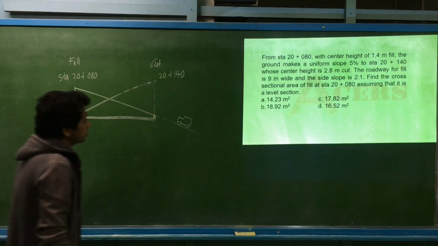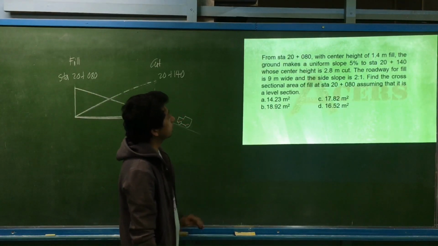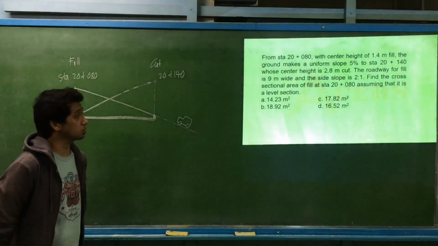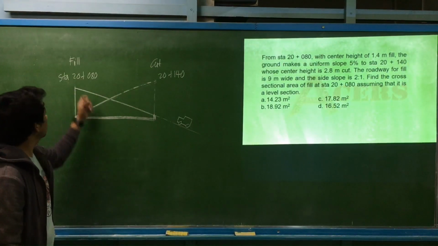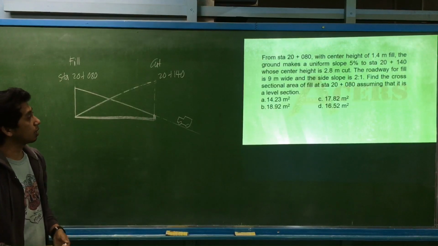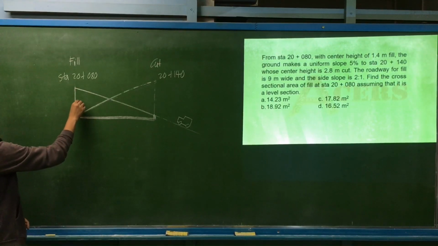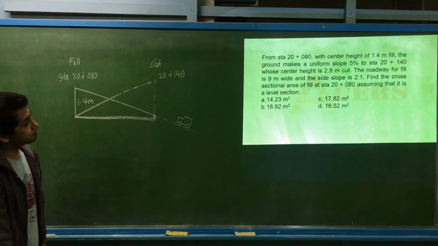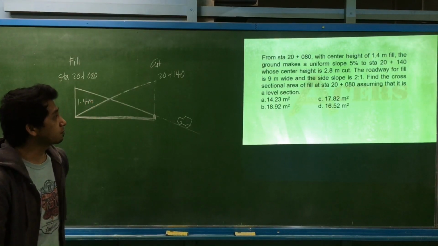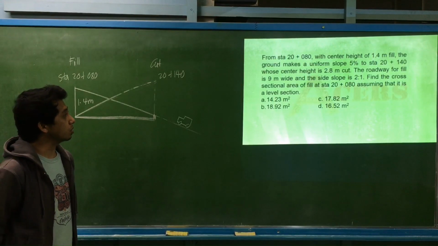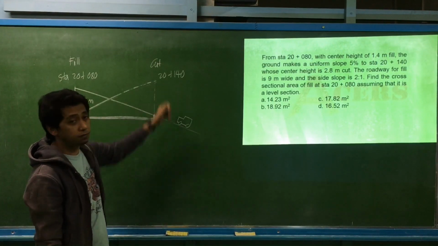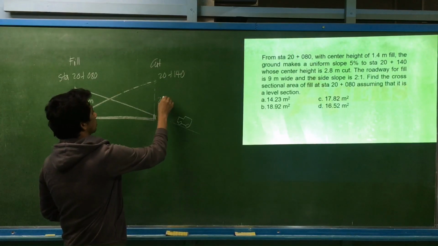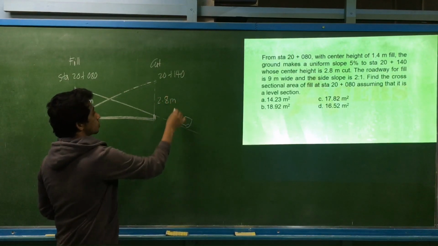So next example, this is cut and fill, pero parang hindi naman siya totally cut and fill, parang area lang of a section. So from station 20 plus 80 with a center height of 1.4 meters fill, the ground makes a uniform slope of 5% to station 20 plus 140, because center height is 2.8 meters cut.